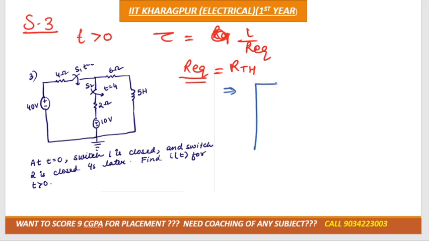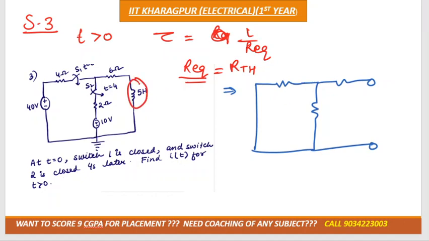The voltage source would be short circuit, the switch will be closed, and then the diagram looks like this, right? The inductor will be open circuit, and we have to see with respect to the inductor only. Now tell me which resistance is in series and which is in parallel. R equivalent is how much?